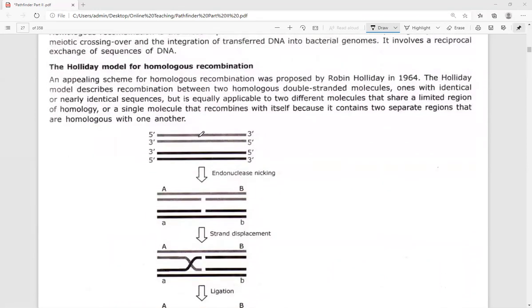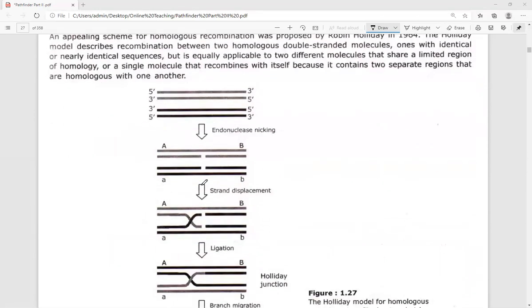Now you can look at the diagram and remember the presentation that we have already seen. These are two homologous chromosomes. For example, this could be chromosome number 1, and this could be another copy of chromosome number 1.